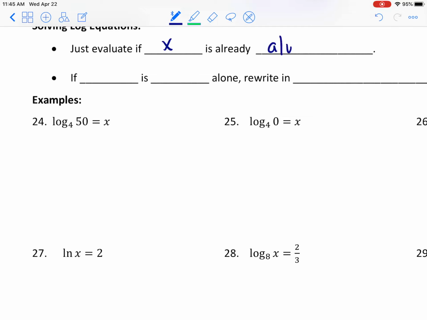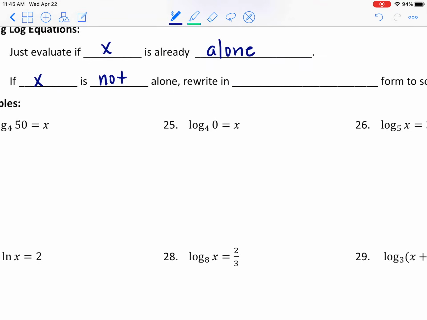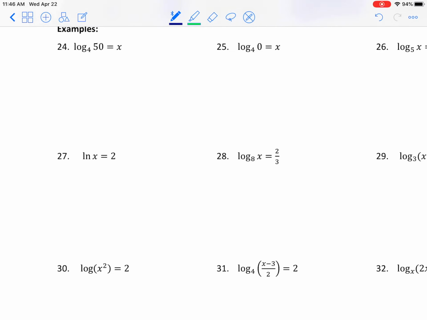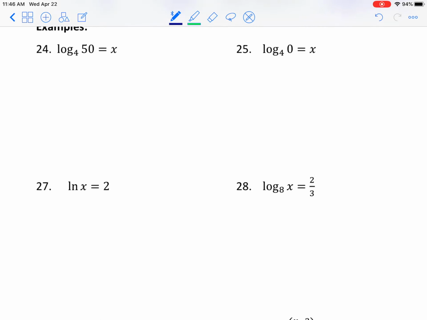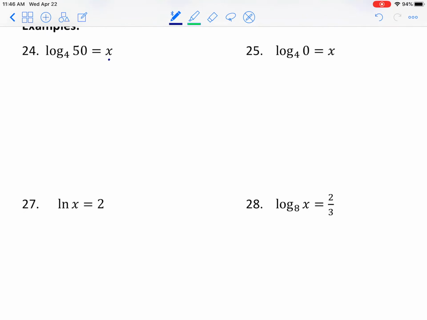Now if x is somewhere where we got to get rid of something, then we're going to rewrite an exponential form to solve. Okay, so we're just going to evaluate if x is already alone. That would be wonderful. But if x is not alone, then we're going to rewrite an exponential form to solve.